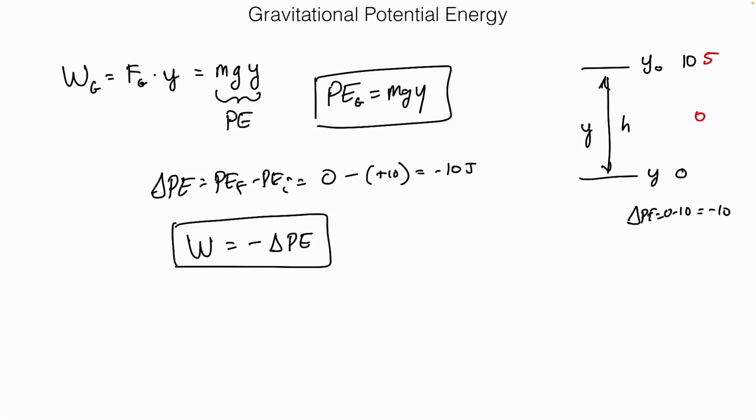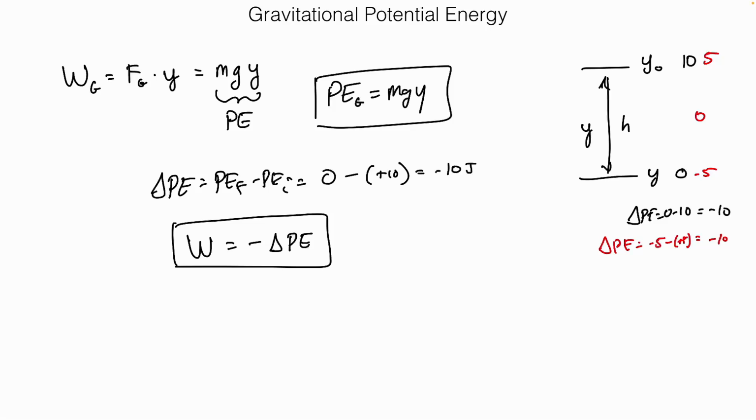Because we're below our 0, on the negative y side of the axis, so this would be minus 5. So what's our change in potential energy now? Minus 5 minus, what's our initial? Plus 5. Still minus 10?